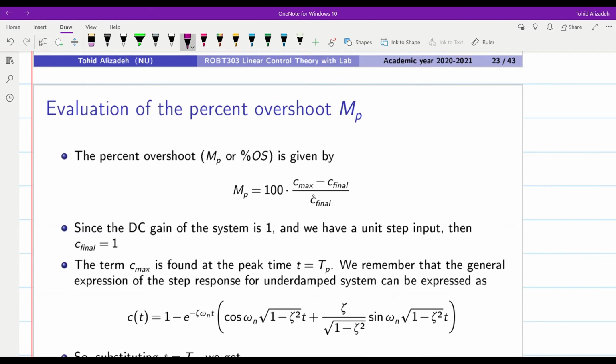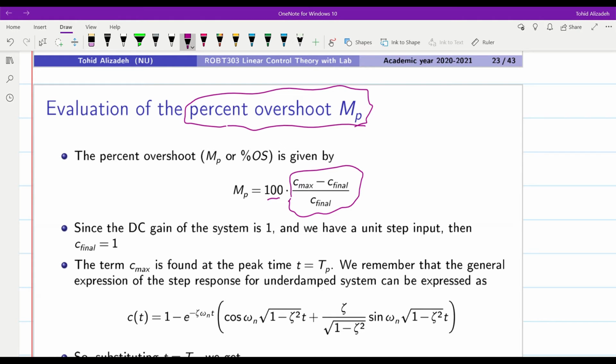Then we can have a look at the overshoot. We have the value for TP. We want to obtain the value for the percent overshoot, which could be calculated as 100 times C max minus C final over C final. For the system that we are considering, the DC gain is equal to 1.